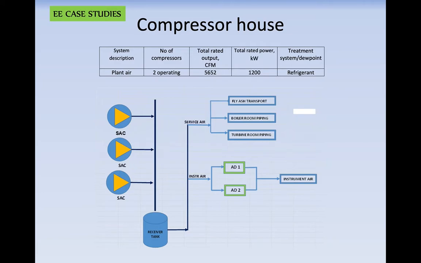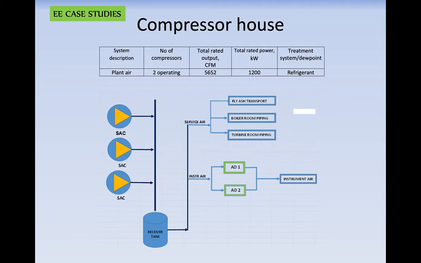As you can see in this slide, there are three compressors, and the compressed air flows to the receiver tank first, and after that it flows to the line.